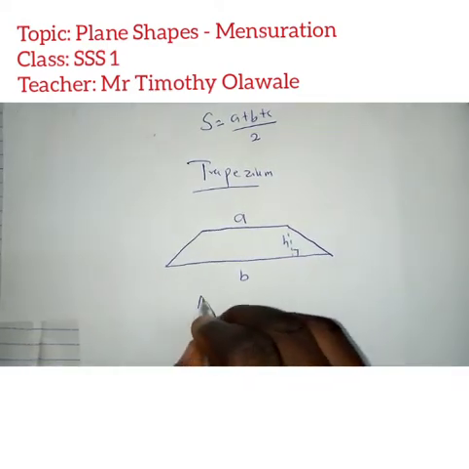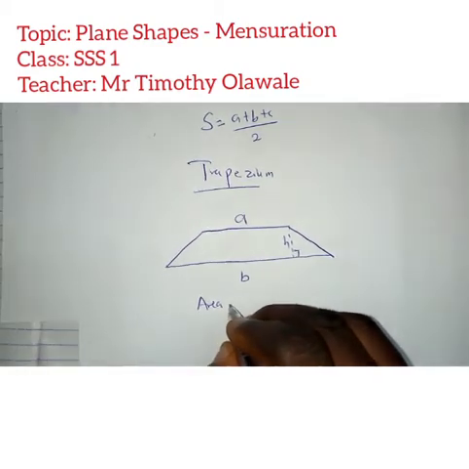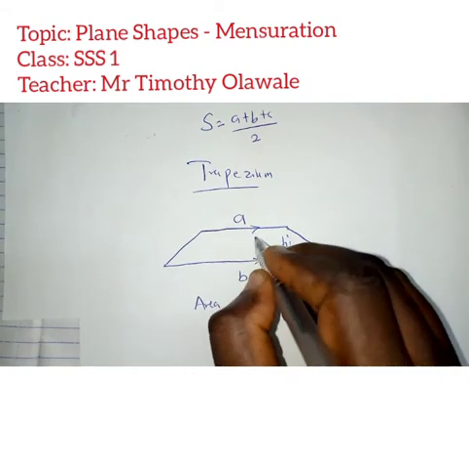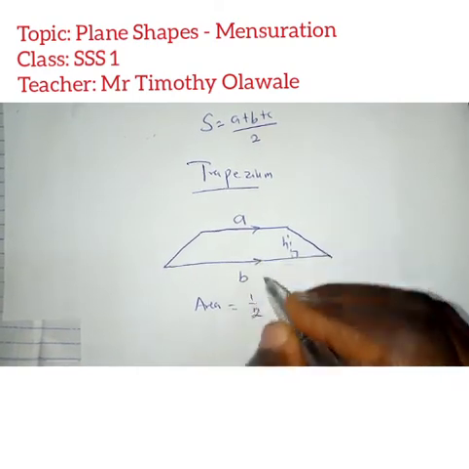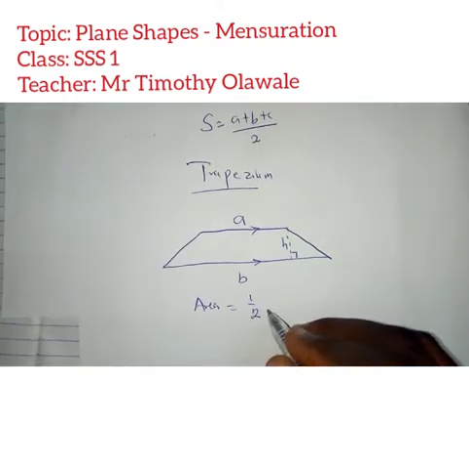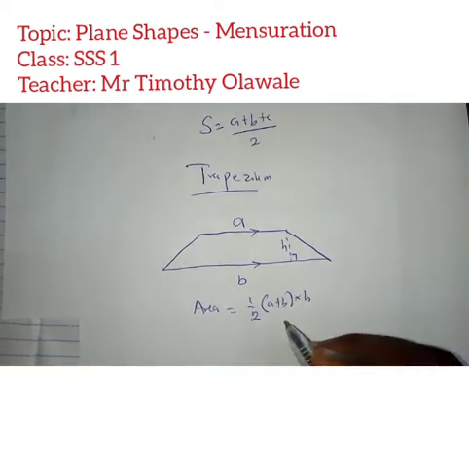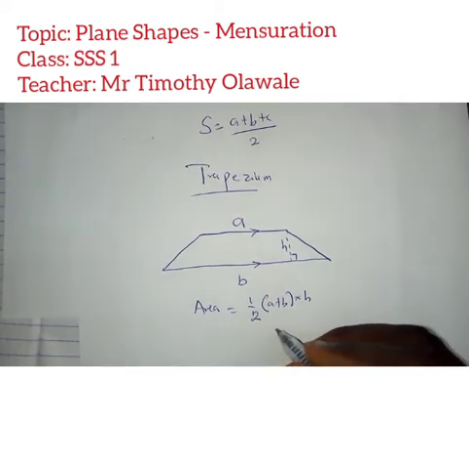The area of the trapezium will equal half into, and these two sides, pay attention, are parallel. So the area will be half times a plus b times height. Is that clear?